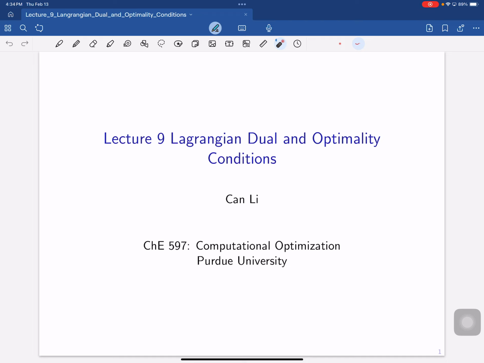Then within continuous programs, the hardest thing you can think about is, let's say, a general nonlinear continuous program. But in this case, we mainly focus on convex problems. So we'll talk about how to characterize the Lagrangian dual for general nonlinear problems, and then what the optimality conditions are for a solution to a convex nonlinear problem to be optimal.